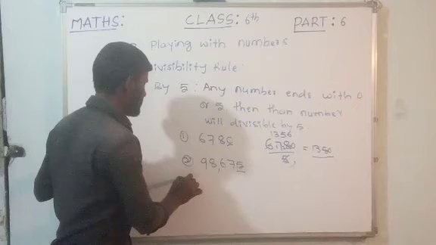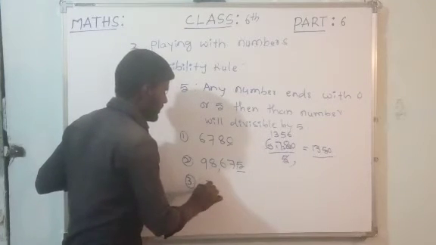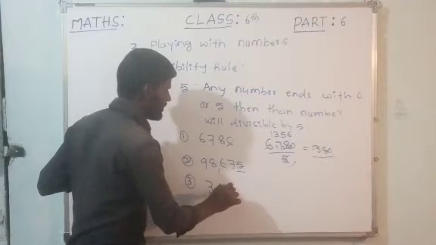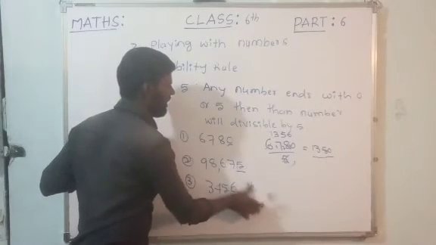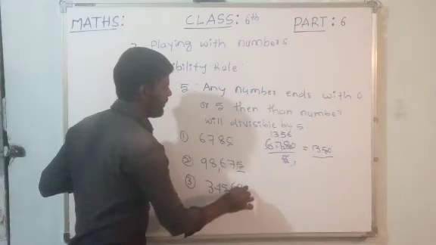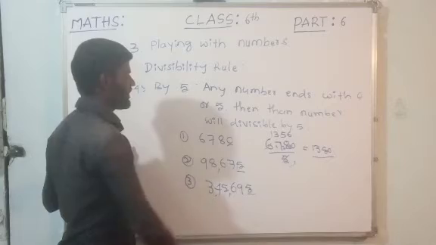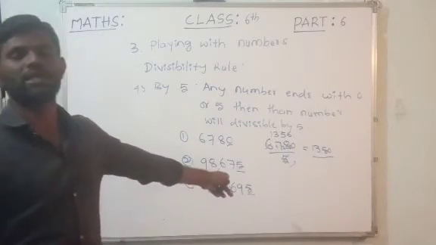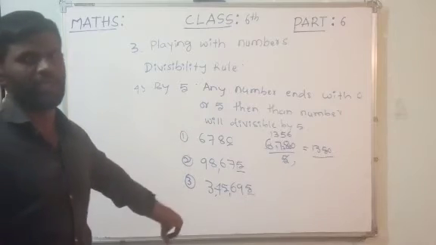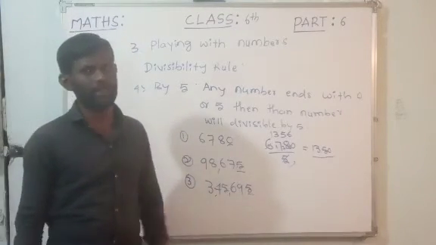Example 3: suppose 3,45,675, or you can take any number, for example 3,45,695. This number ends with 5. That's why it is also divisible by 5. This is the rule of divisibility by 5.